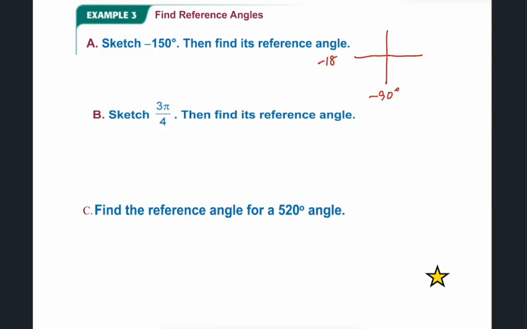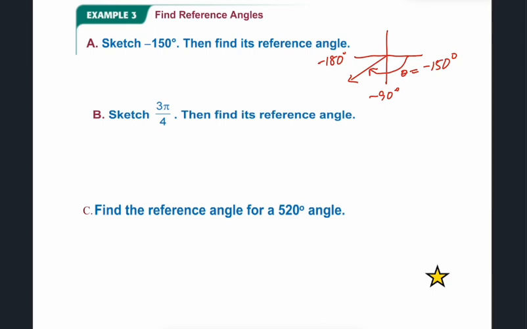Here is negative 180. So negative 150 is somewhere between negative 90 and negative 180. So I would say it's about right there. Okay, so that is negative 150.